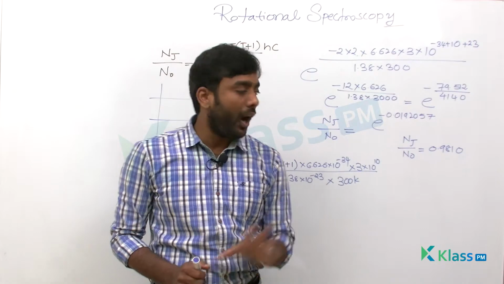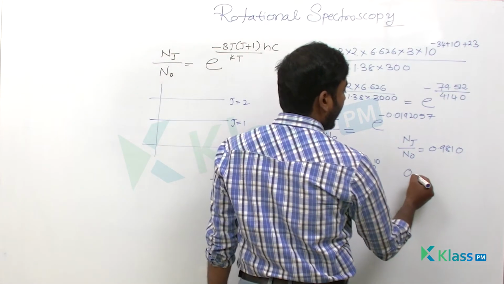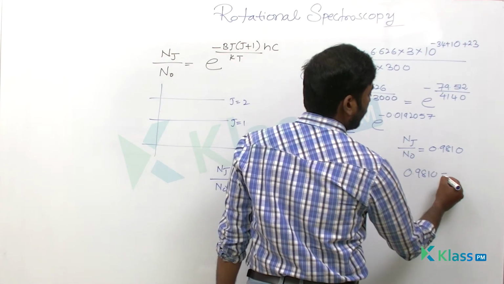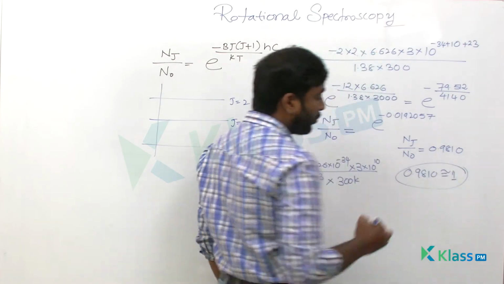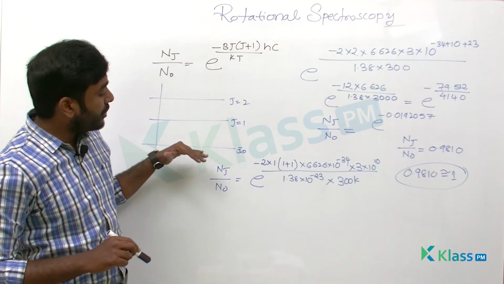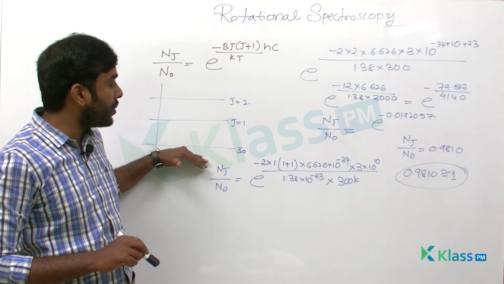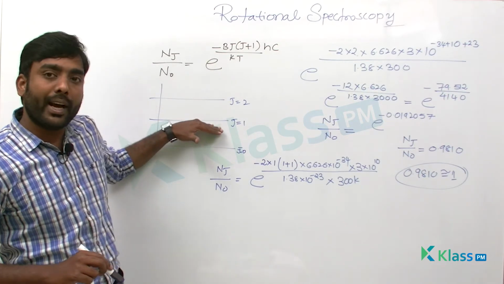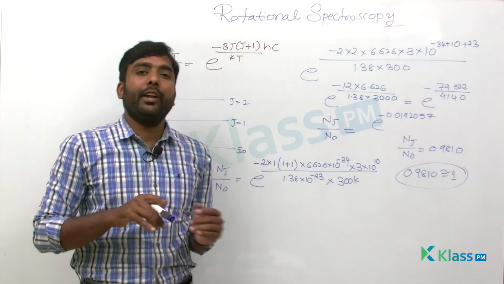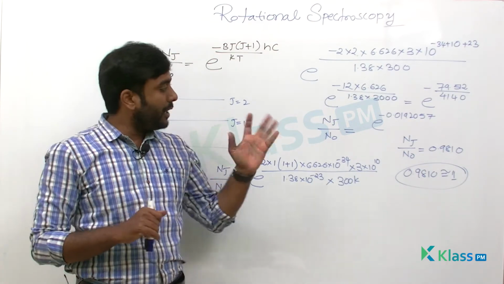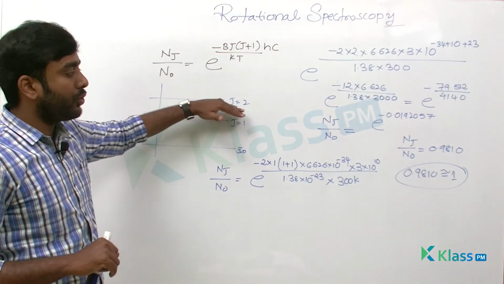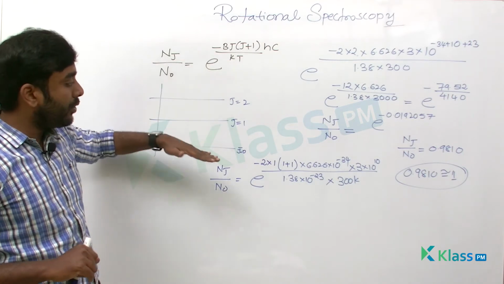After calculating, I got this Nj by N naught value 0.9810, which means it is almost equal to 0.98, almost equal to 1. Which means what? In the ground level and the J is equal to 1 energy level, the number of molecules are almost the same. Same thing you can calculate for J is equal to 3 compared with J naught.